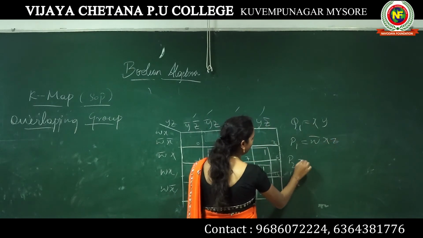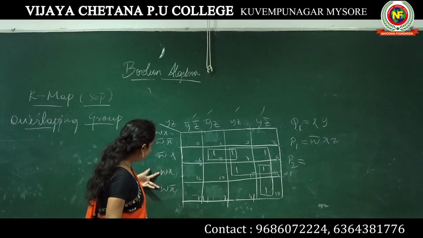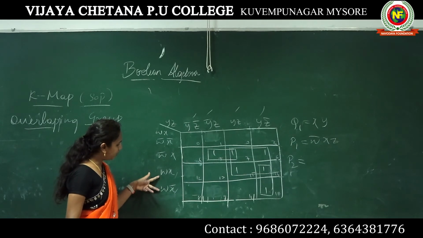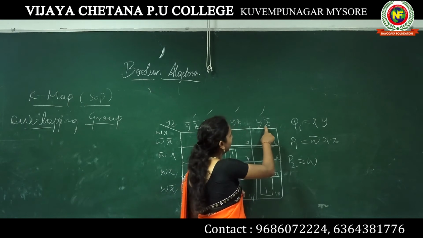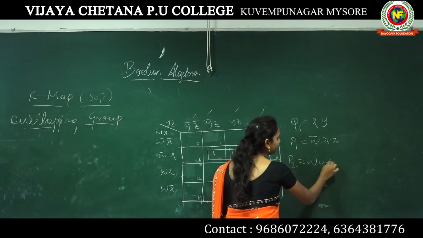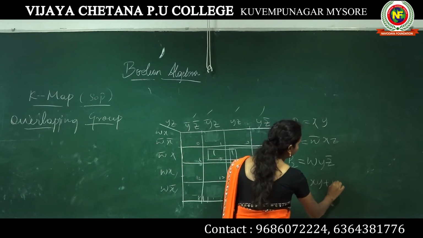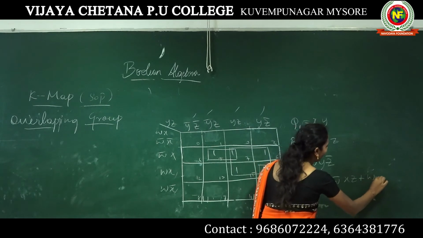Again next, P2 here. In the vertical, just take the vertical and horizontal names. What is the common? W. The rest will be cancelled, so W. Again in the vertical you have Y Z. The final result is XY plus W bar XZ plus WYZ.